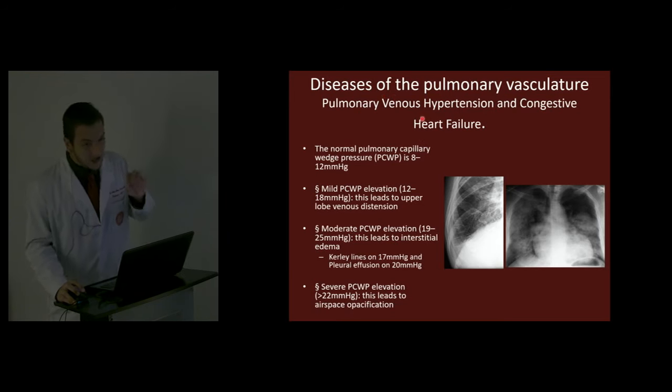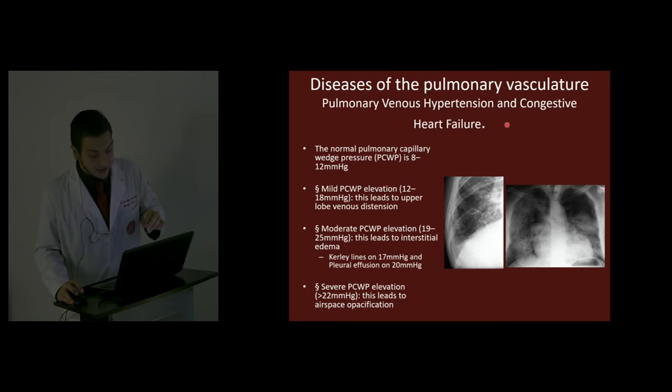there is a physiological relation between the radiographic findings of pulmonary venous hypertension and congestive heart failure, and the physiological parameters, or capillary or venous wedge pressure. It is said that the normal wedge pressure is from 8 to 12. If you have it higher, like 12 to 18, it leads to cephalization of the upper lobes.